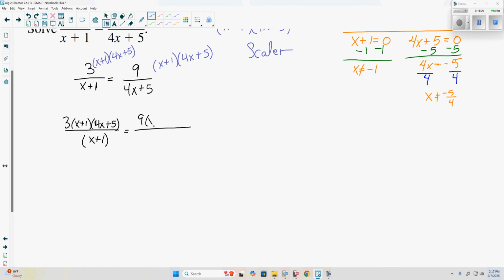On the right, we're going to have 9 times x plus 1 times 4x plus 5 over 4x plus 5. And again, we're just multiplying through the top, because I'm multiplying that 3 over x plus 1 by these two terms here, which are technically over 1.